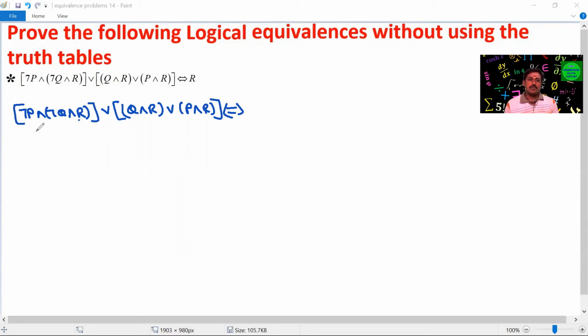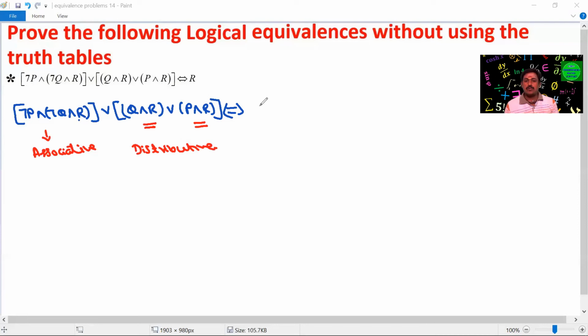If you observe this bracket term, all the symbols are the same with three different variables, so associative law is possible. In this bracket term, and is common, so we can go for distributive law by taking the and common.